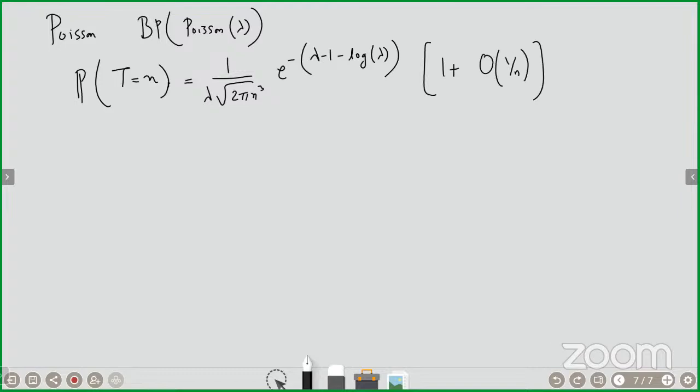The bottom line is that this is 1 over n to the power. So this is also called power law.